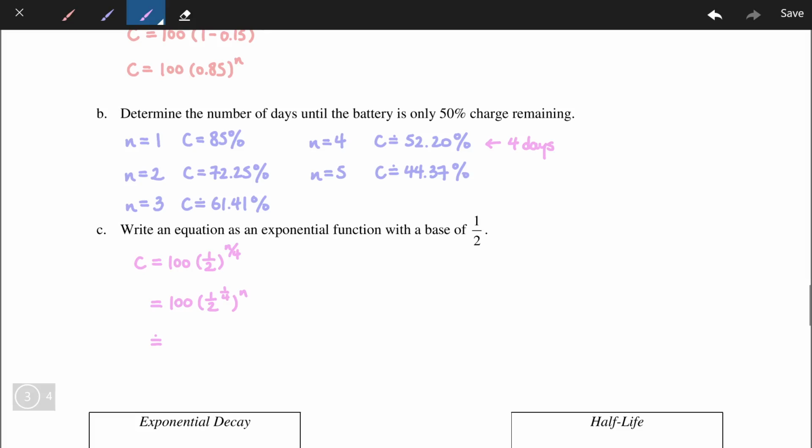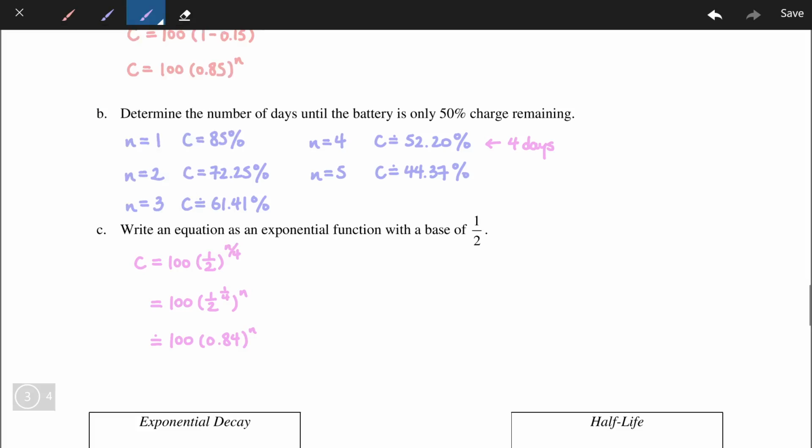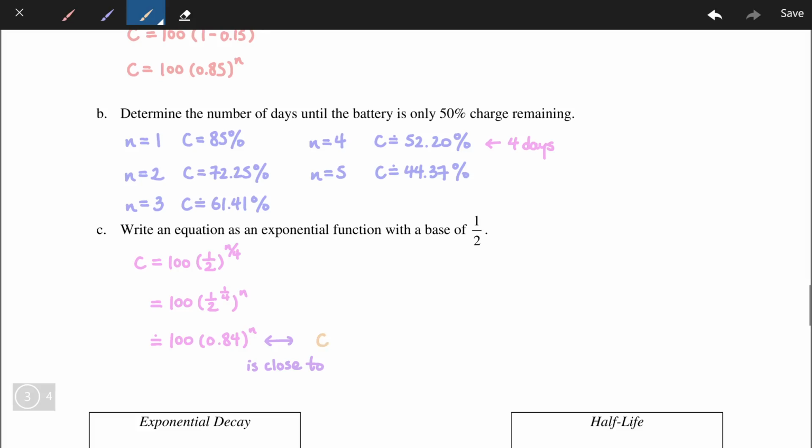And we kind of do. We get 0.84. Okay, so not as good an approximation as last time, but still pretty good. So this is close to 100 and then 0.85 to the n power, which is what we had at the beginning.